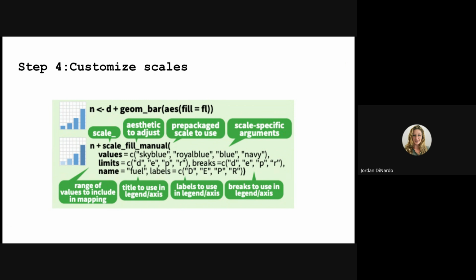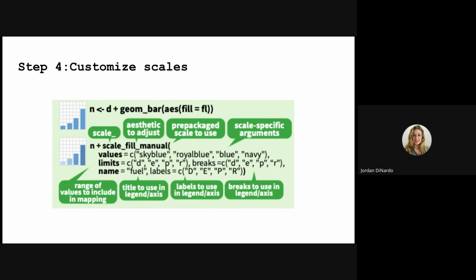Okay, so I just wanted to show you fill manual. In this case, this could be color, this could be shape, but in this case, we're doing fill. And I use manual the most because I want full control over what is being done with my data and how it's being visualized. So within the scale fill manual, the arguments that it's asking for are values, limits, and names. So values are the range of values to include in mapping.